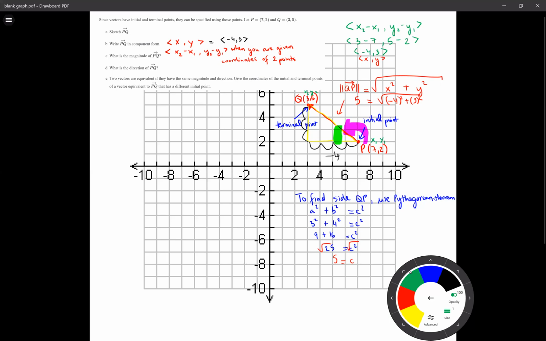So to find the green angle, we use inverse tangent.